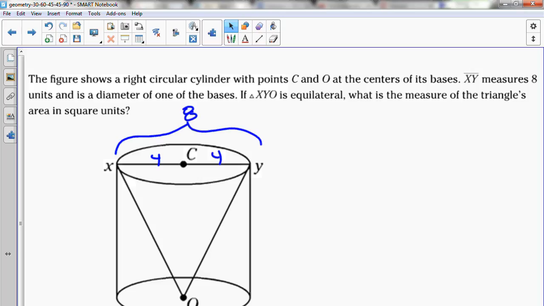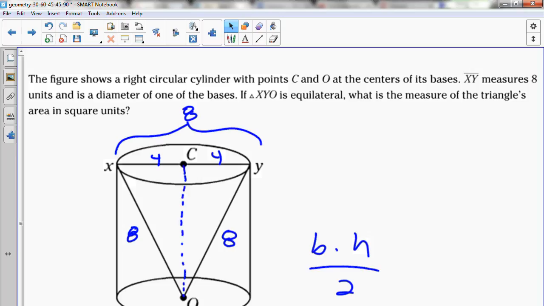This would be 8, and then this would be 8. Now, it says, what is the measure of the triangle's area in square units? Well, area is just base times height divided by 2. What do I need then? The height, which would be this altitude, right?